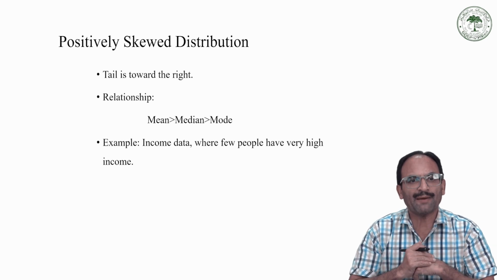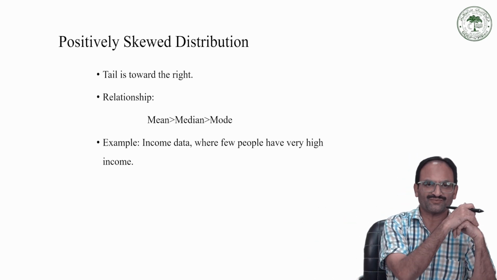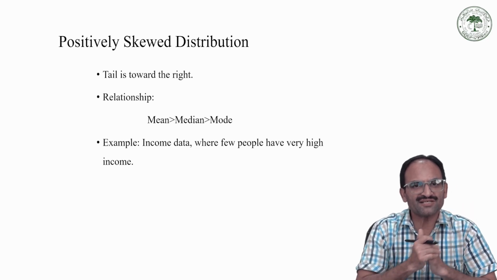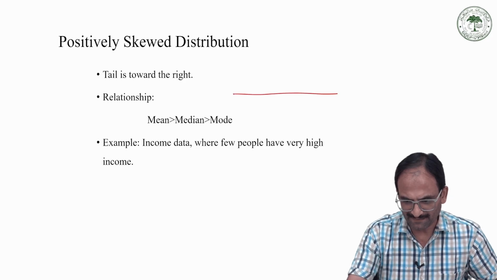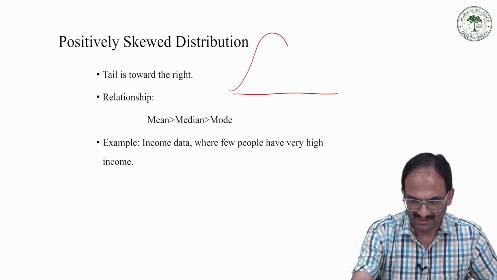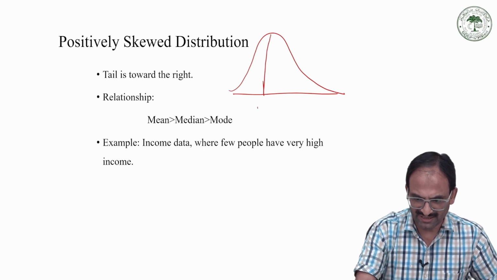So what happens in a positively skewed distribution? The tail is toward the right. So what is the tail? Let me draw it again. This one. So mean is somewhere here.